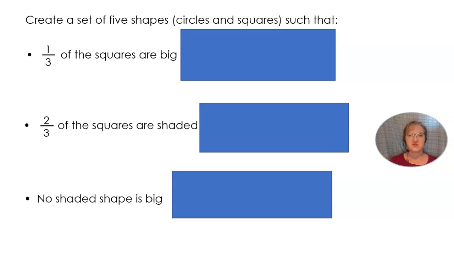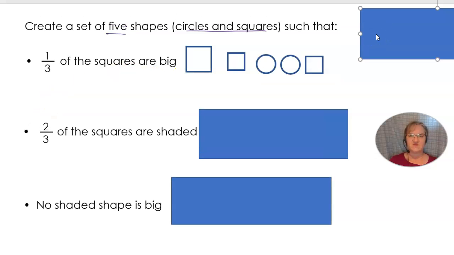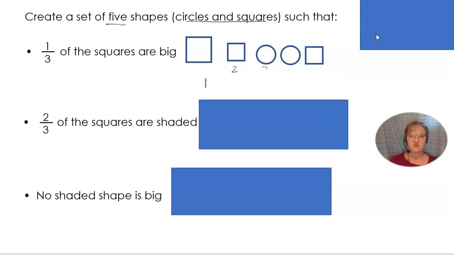On this slide too, it's got another set of similar questions. Create a set of 5 shapes that are circles and squares such that 1/3 of the squares are big. So we've got 5 shapes. 1, 2, 3, 4, 5 shapes. We've got 3 squares. 1, 2, 3 squares.